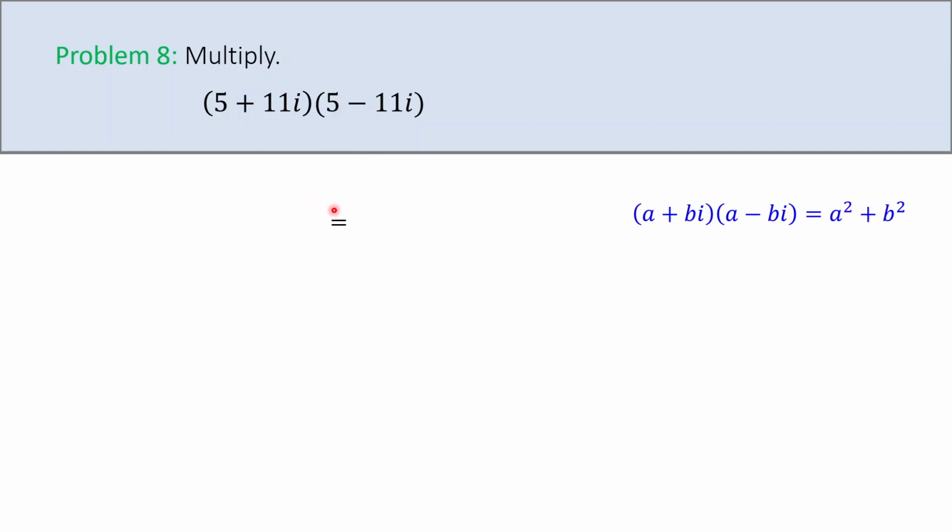You can use this formula, (a + bi)(a - bi) is equal to a squared plus b squared. So a squared is 5 squared plus this is b, b is 11. 11 squared. 5 squared is 25 plus 11 squared is 121, equal to 146.